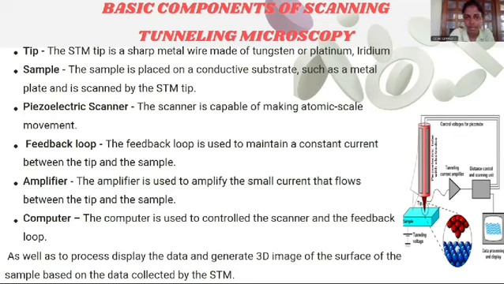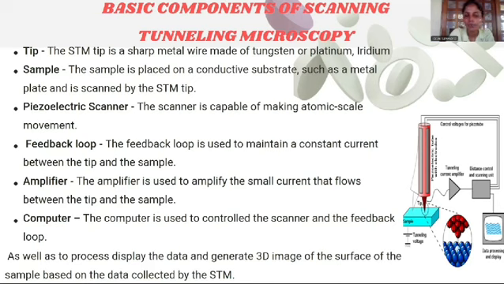The piezoelectric scanner is capable of making atomic scale movements. The feedback loop is used to maintain a constant current between the tip and the sample. The amplifier is used to amplify the small current that flows between the tip and the sample.